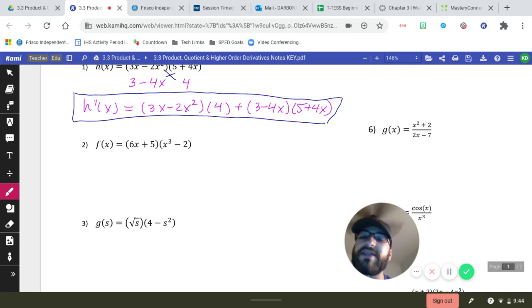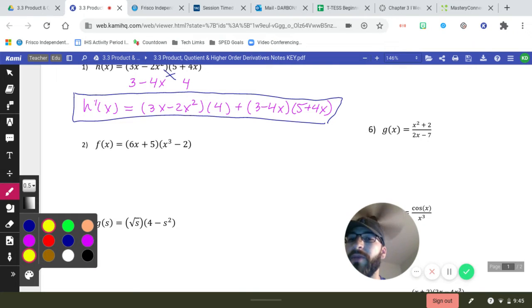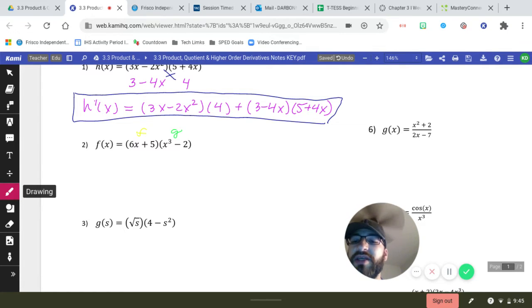f of x is equal to 6x plus 5 times x cubed minus 2. So we have two functions being multiplied, so I know I'm going to be applying my product rule. First function is f, second function is g. Let's derive each of them individually. 6x plus 5 would just be 6, because x becomes just 1, plus sign stays a plus sign, but 5 just goes to 0.